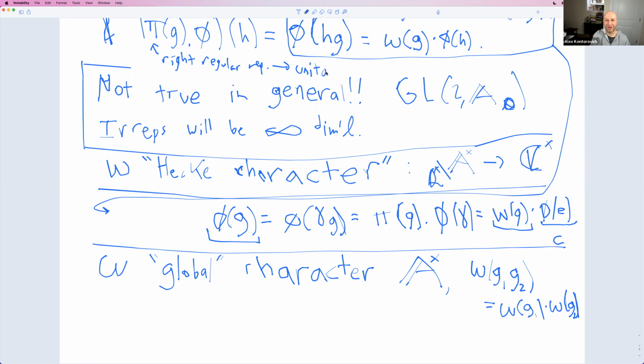So what do we know about all the values of omega? Right, it's unitary, meaning the inner product stays the same if I move some phi1 and some phi2 by pi, by the same element g.